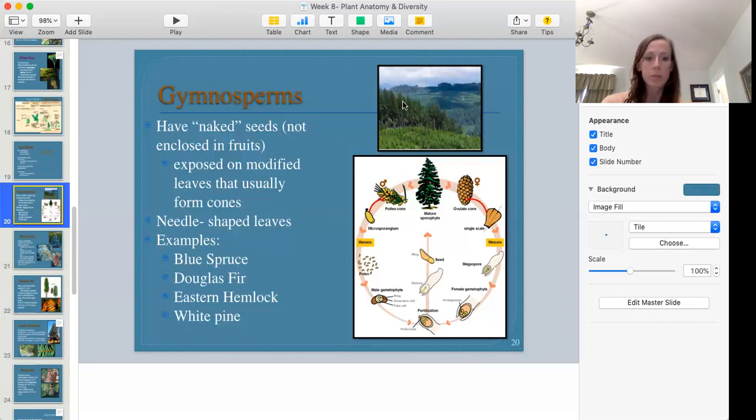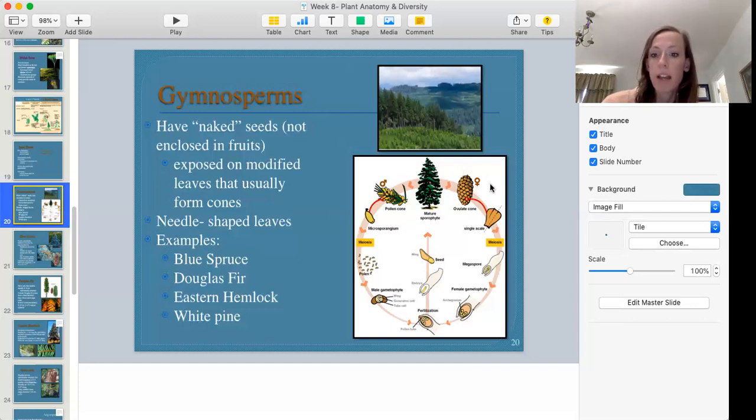Before I move on and specifically look at the blue spruce though, I want to direct your attention to the mature gymnosperm here. This is the mature sporophyte, and I'll point out that there are two different types of cones shown here. So this is the ovulate cone. This will produce ultimately the egg.